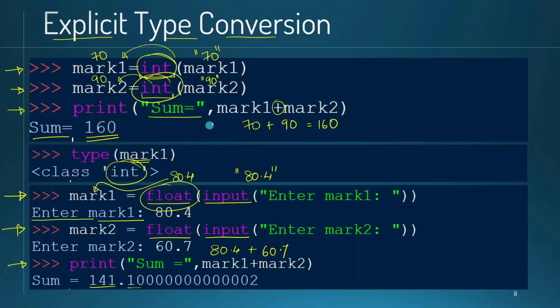If you want to convert something to a string, you can use function str. But of course, if you want to read an input as a string, then you don't have to give anything. Why? Because by default, input function reads as a string itself. So you don't have to convert to anything else. But if you want an integer or a float to be read from the keyboard, this is how you do it.